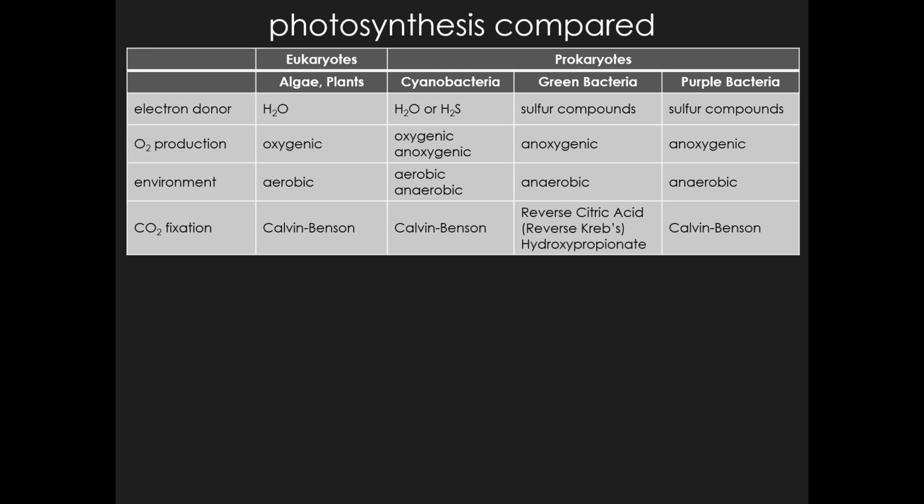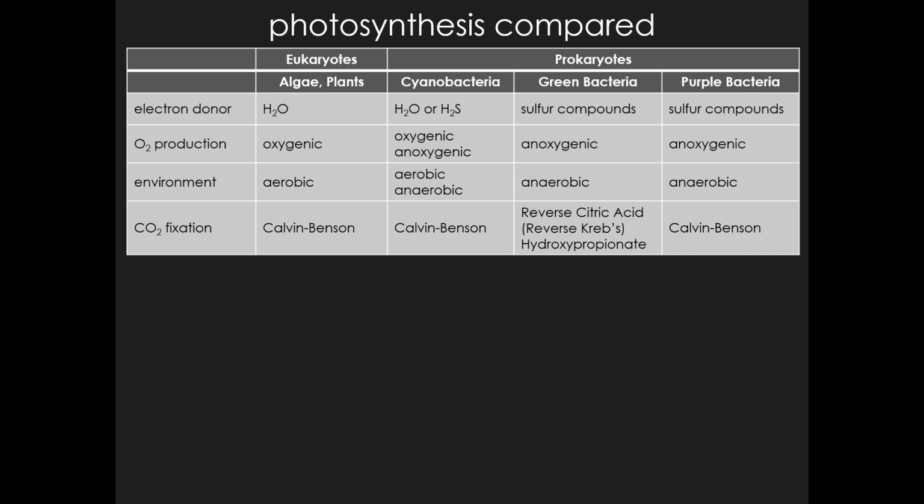So there's quite a bit to keep straight when it comes to photosynthesis. So I put this table together for you as a way to compare them, looking at four things. What is your electron donor? Do you produce oxygen? What kind of environment do you live in? And how do you fix your CO2? Now, just as a point of reference, all of the chemosynthetic organisms utilize the Calvin-Benson cycle. There's a difference here in the way that photosynthetic organisms do that.